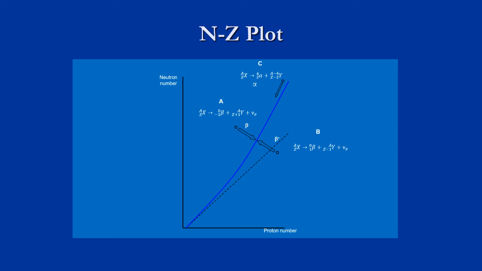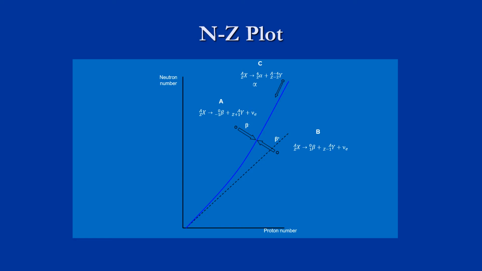So situation A is for isotopes above the stability line. So they're above the stability line and they've got less than 60 protons. The proton number is less than 60. And what they tend to do to get to that line of stability is emit a beta minus particle, so beta minus decay.